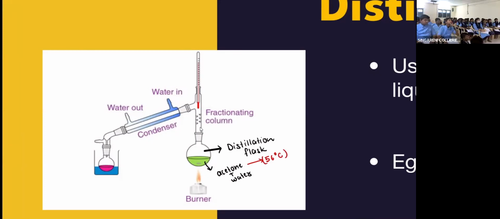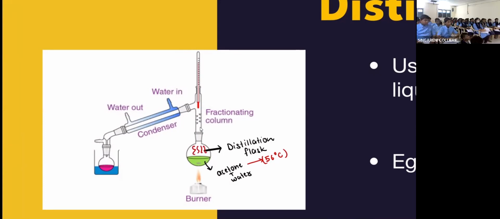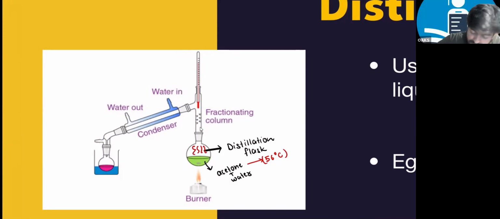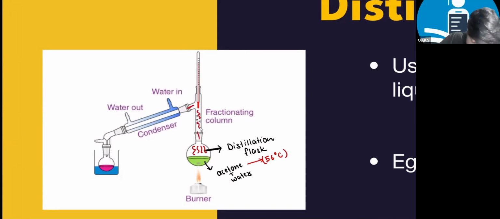So whatever vapors we have here, is it just the acetone or just the water vapor? Acetone, exactly. Now this vapor of acetone is going to travel here and enter this tube. Yes, sir.